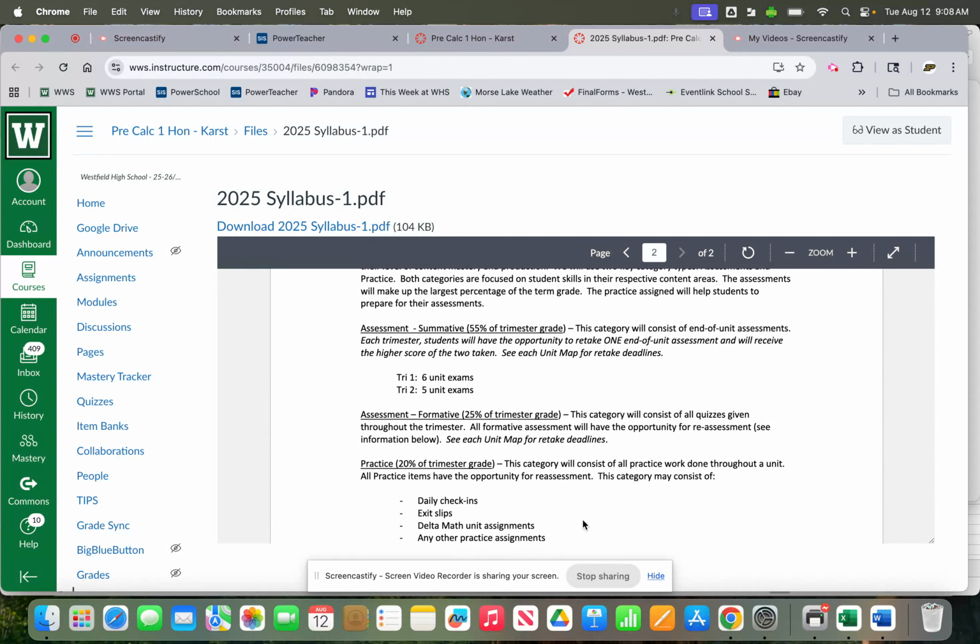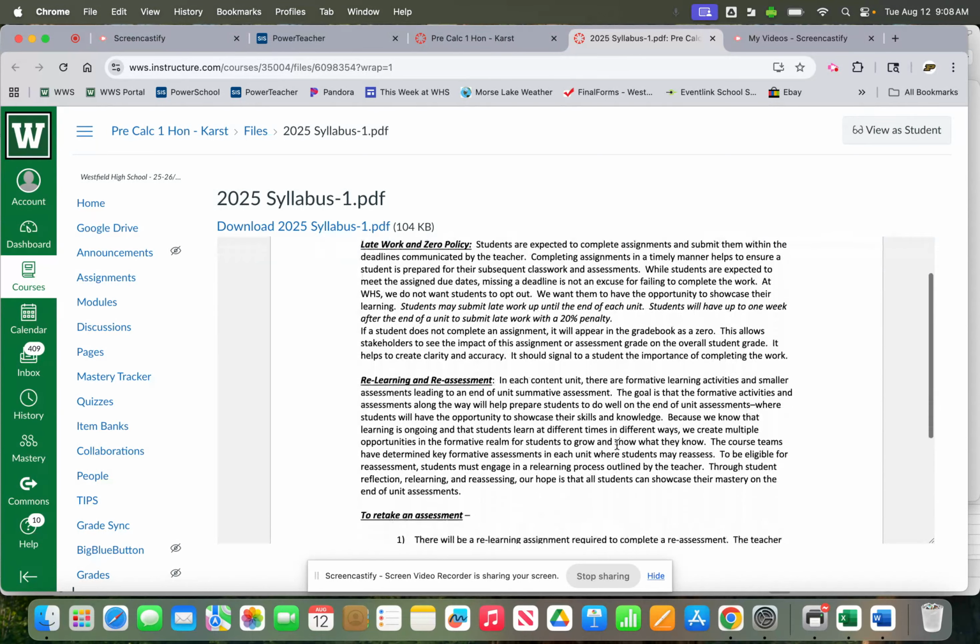If they're missing some of these, then they get an opportunity to re-engage in that material, whether it's through myself or peers, to figure out what it is that was going wrong, and we can help them correct that. And then they can actually do a reassessment on that as well. The formative assessments, these quizzes, that is also true.